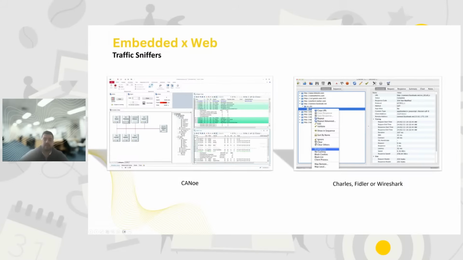Of course, there are a lot of other functionalities, but we can use this tool to do exactly the same thing that we do with Charles and Fiddler. Basically, it will work as a proxy and we will go into the traffic and understand what messages are shared, what the message structure, speed, whatever. So it's possible to validate all of those things exactly the same way as we do with Charles and Fiddler.